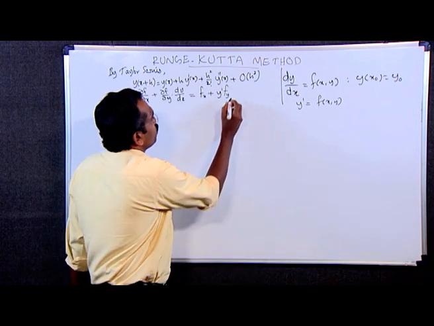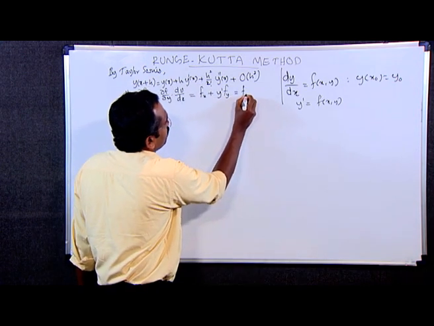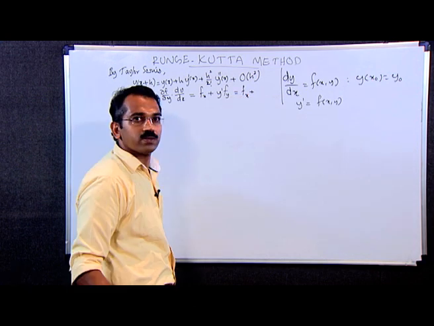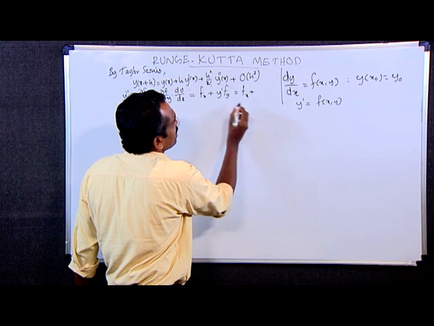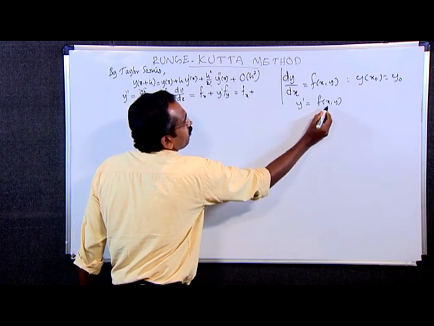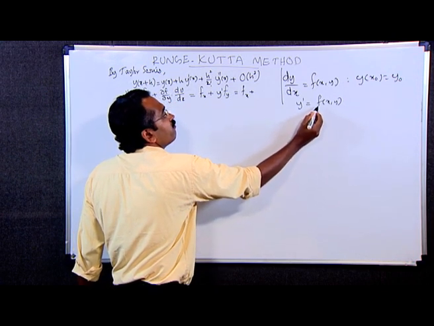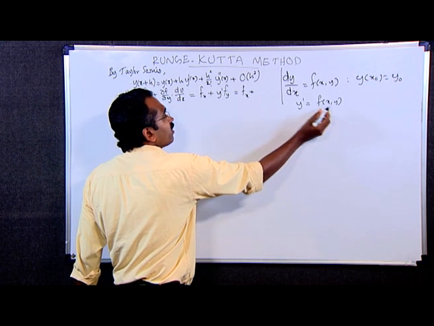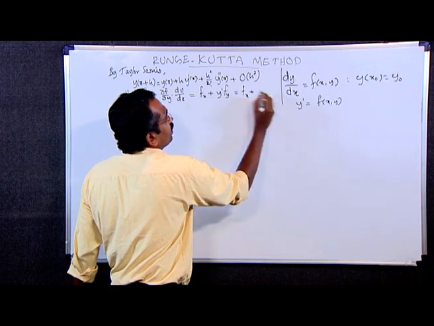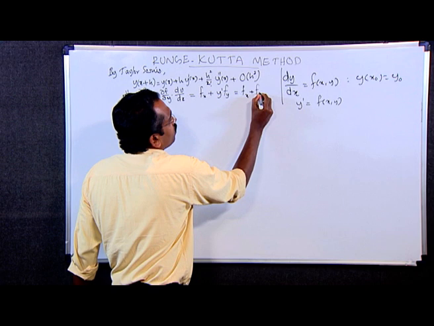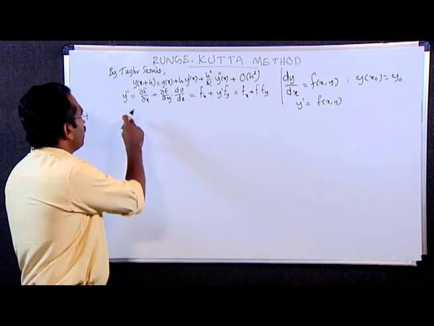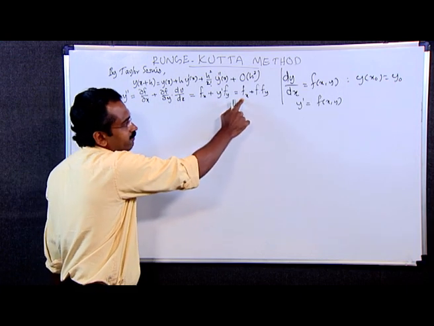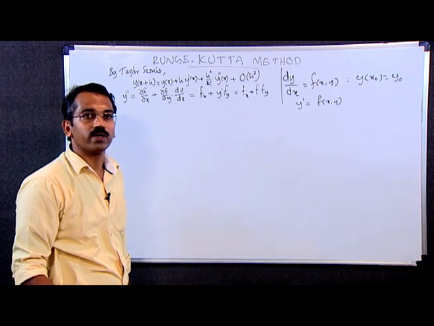That is equal to f x plus f into f y, because y dash is f of x y. For convenience, we write f for f of x y. That is y double dash is equal to f x plus f into f y.